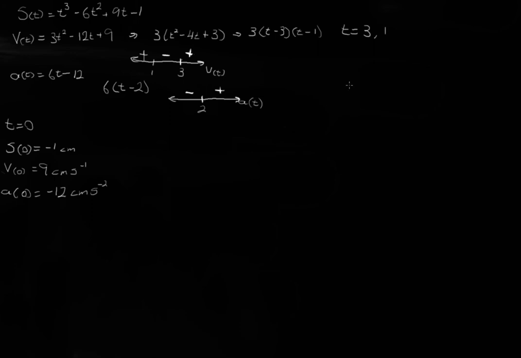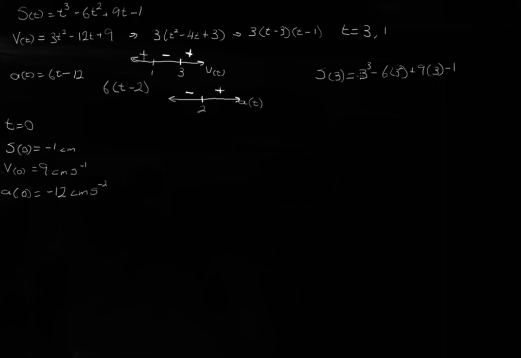So let's do it over here. So we've got S of 3 is equal to 3 squared minus 6 times 3 squared, sorry, I said squared for cubed, plus 9 times 3, take 1, and it is actually a cubed.